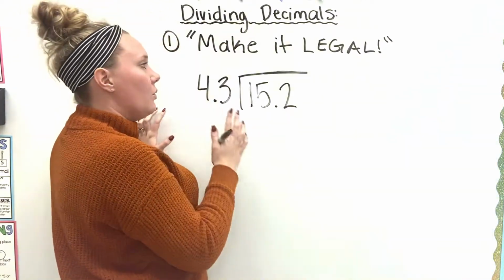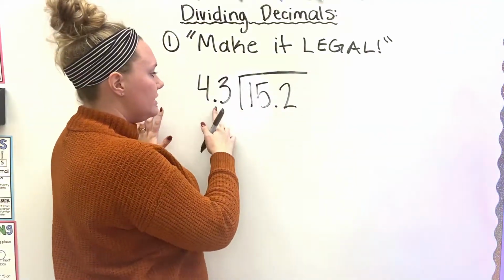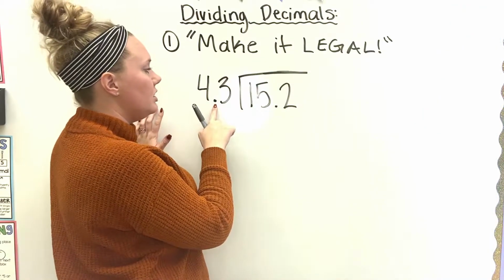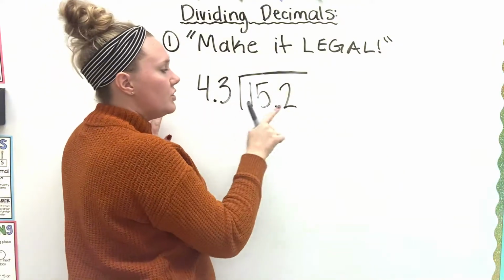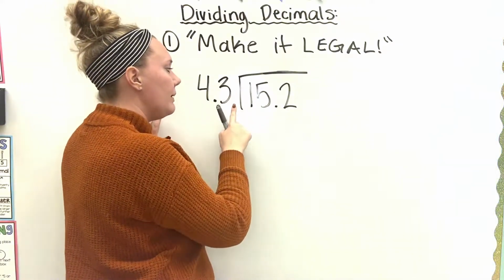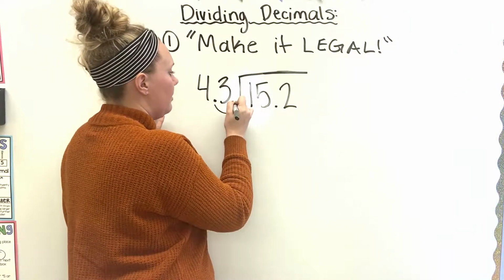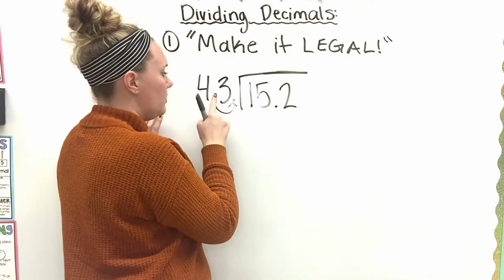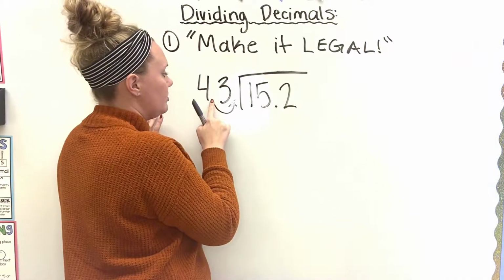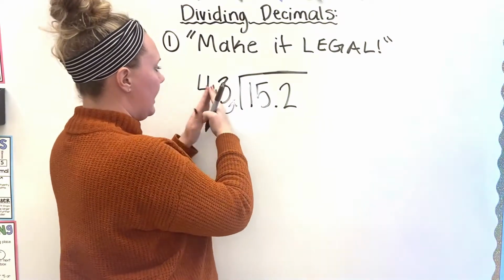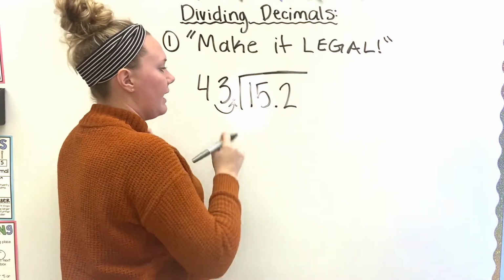So in order to make it legal, which is the first step, you take this decimal and you move it as far over to the right as you can go, at the very back of this number. So I take my decimal and move it. In this case, we only have to move it one time. So I've just made it legal. I took my decimal out from between my numbers and put it at the back.